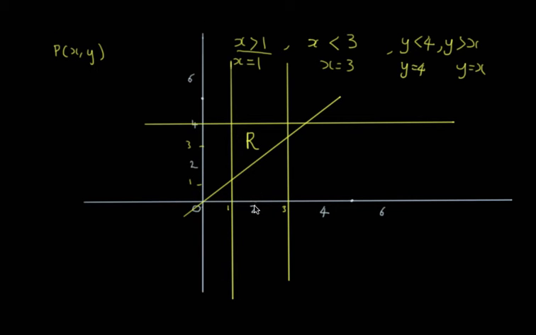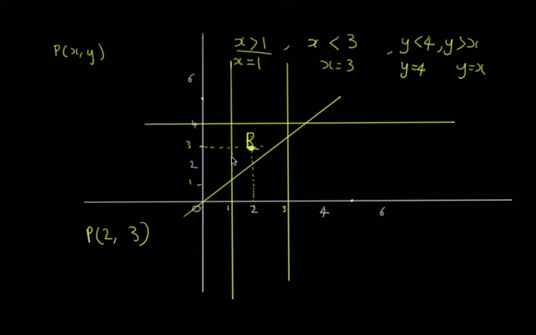The only actual point that lies inside this region would be P would be 2, 3, because there's no other whole number points that lie in region R.